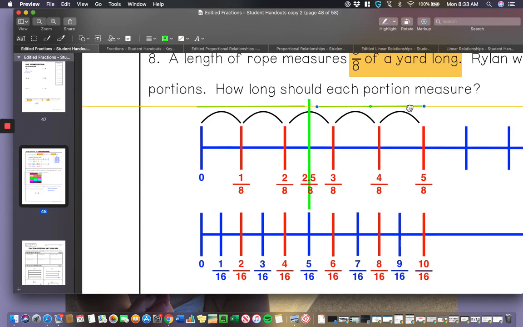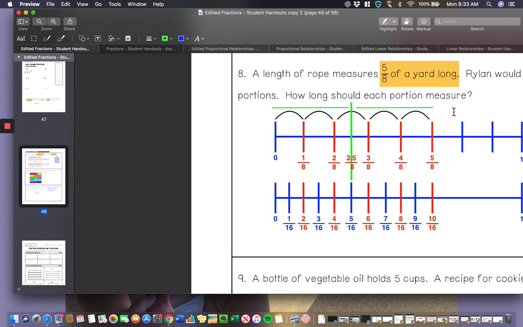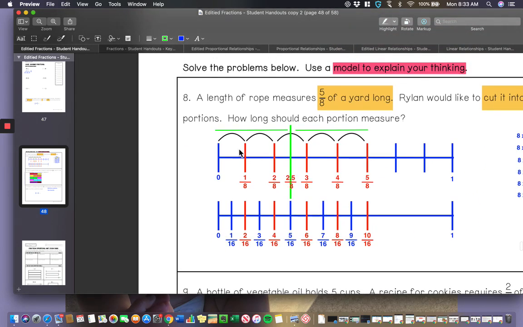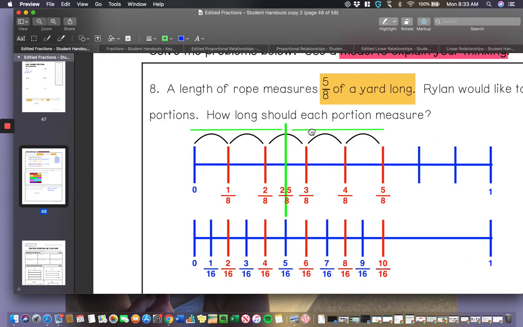So now I've cut it into 2 equal parts. So I've just cut this rope. If the rope was the green line, I've cut it into 2 equal parts.